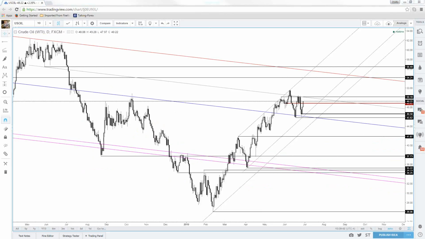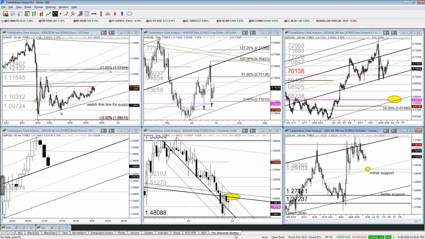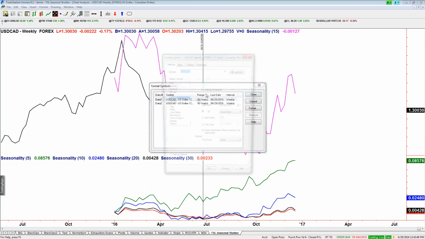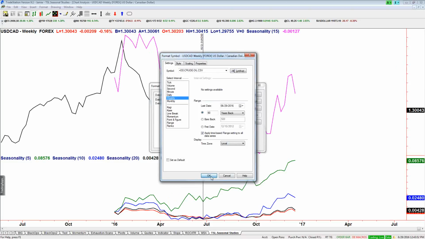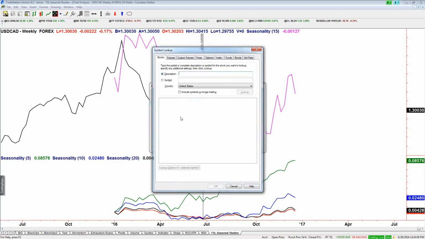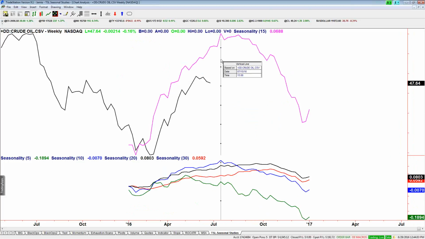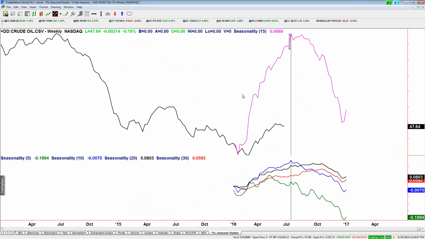And seasonality for crude oil, I have to manually do this because I have to import the long-term crude oil levels, because my data on here does not go back that far. Seasonality for crude actually peaks in the very middle of July.